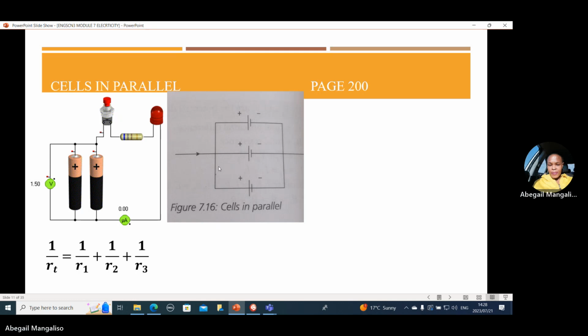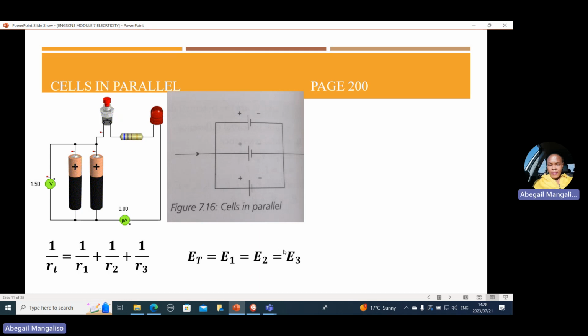EMF. When resistors or cells are connected in parallel, the voltage is the same. So if a question says these 3 cells have a total EMF of 2 volts, it means the EMF of cell 1 is equal to this EMF, also equal to this EMF, because they are connected in parallel.